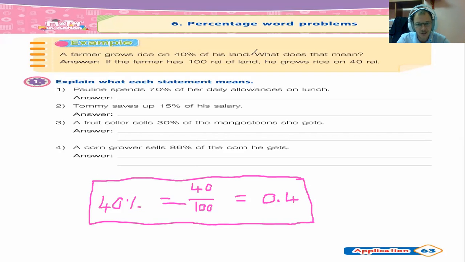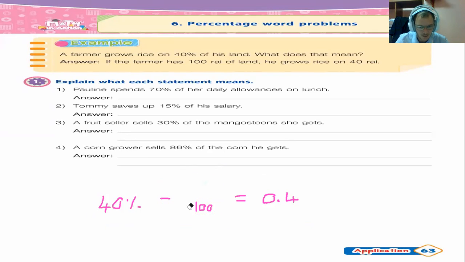We can see what they did. They took the fraction 40 over 100 and said, okay, we have 100 rai of land, and on 40 of them, we planted rice. So that's how they looked at their answer. And I think this might be the easiest way to do it: look at the fraction, and then we make an answer.